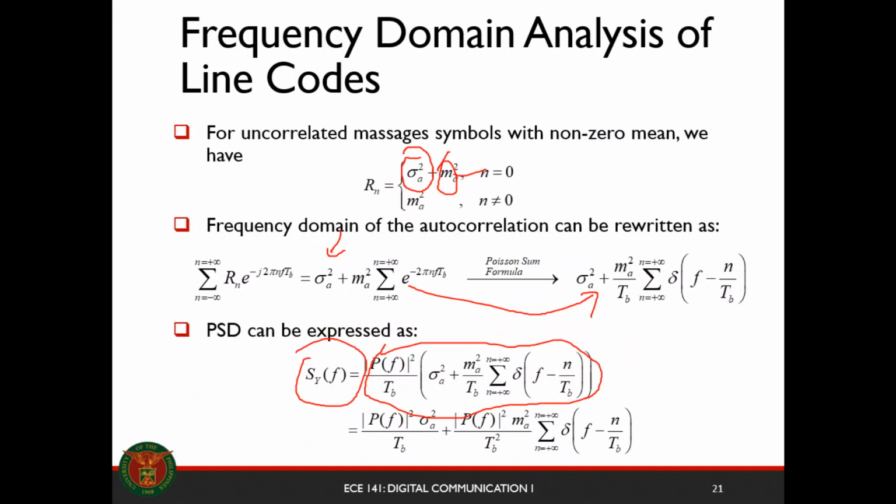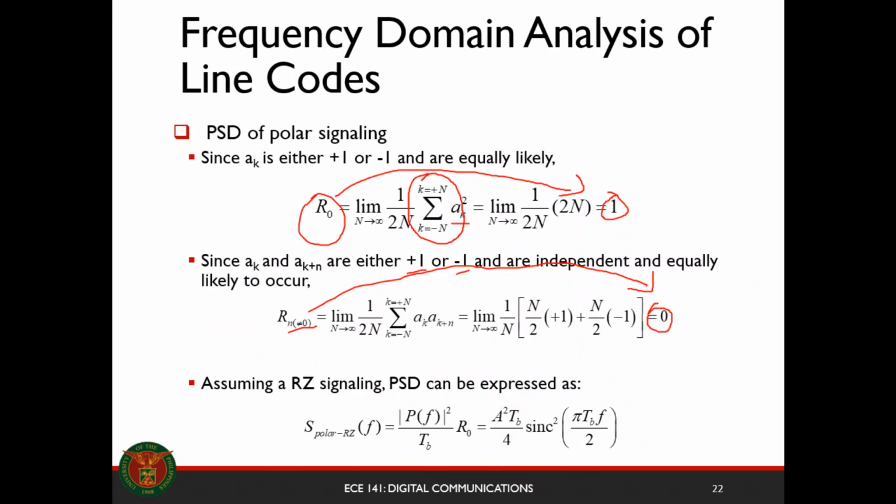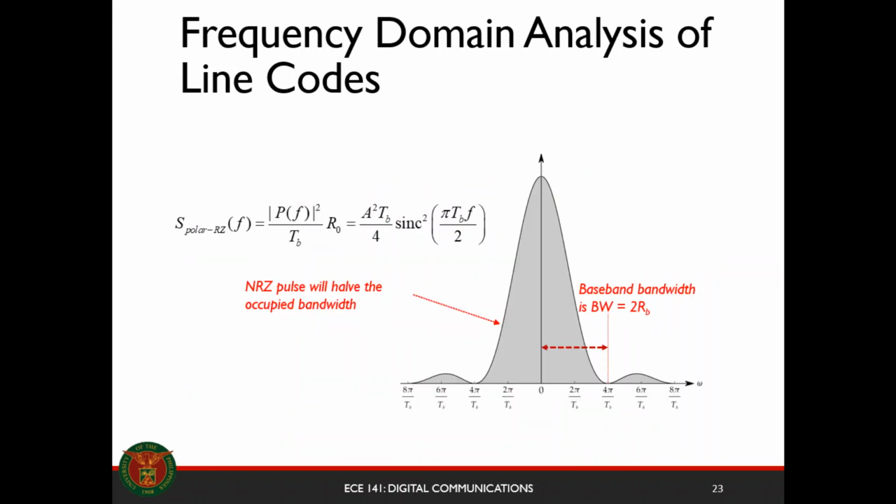It's a DC component, this M sub A squared. Finally, the polar signals will have this power spectral density function. So we have this sinc function that represents the power spectral density of a polar signal.